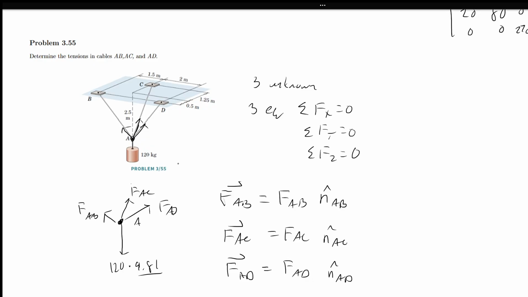So for nAB is going to be equal to, I'll do each of these in a different color. Why not? So to go from point A to point B, because that's the vector we want, right? We're going to go up 2.5 meters, and then we need to go half a meter. I guess I have to decide what my xyz coordinates are going to be.